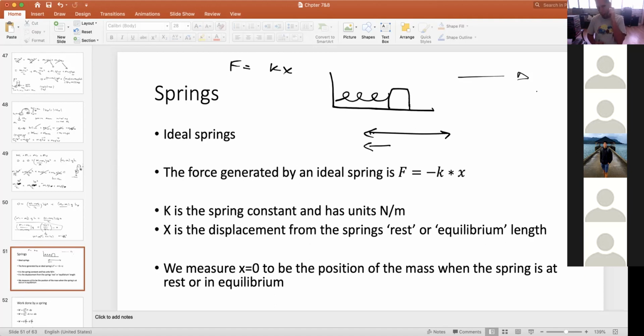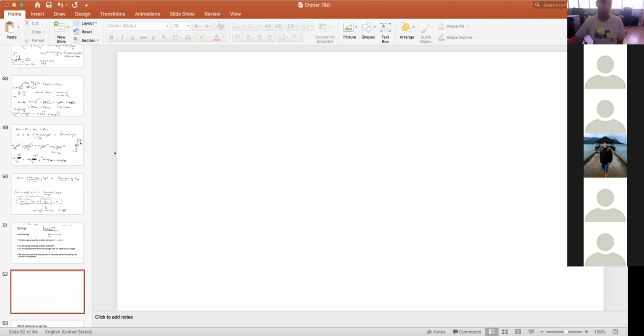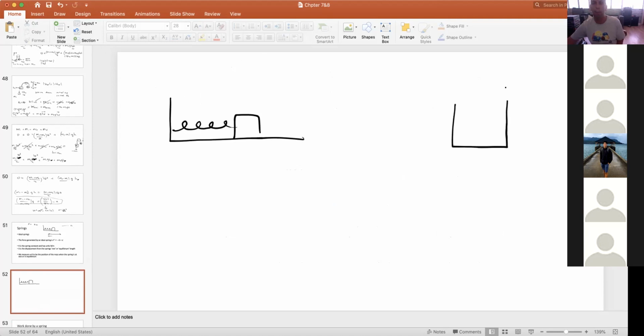So there's a few things that we need to get clear on. For the spring block system, there are 2 different ways to set this up.